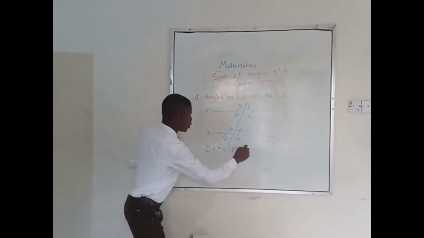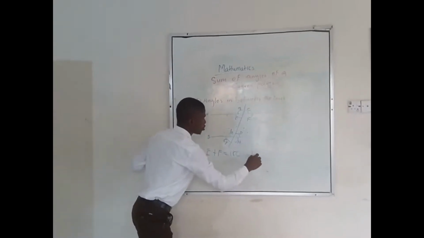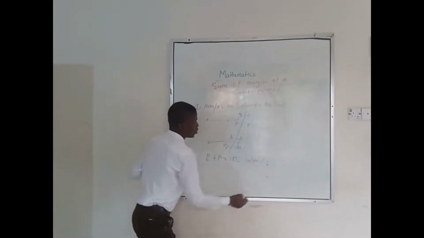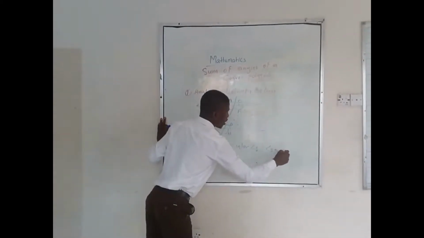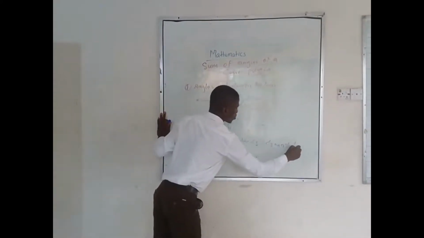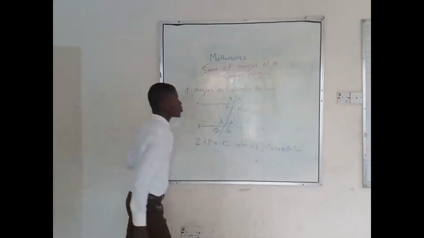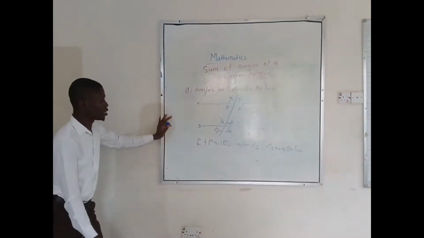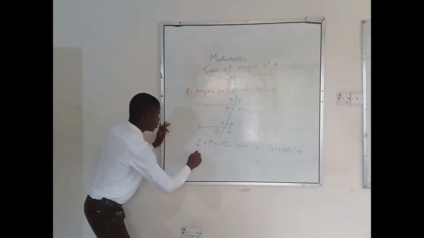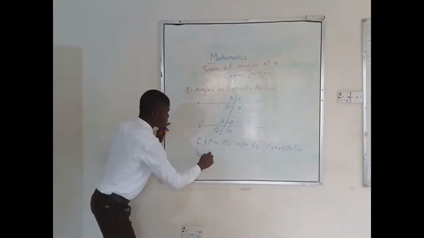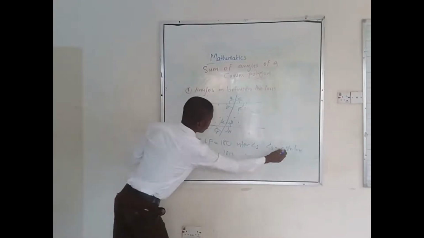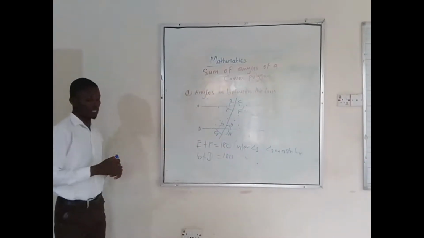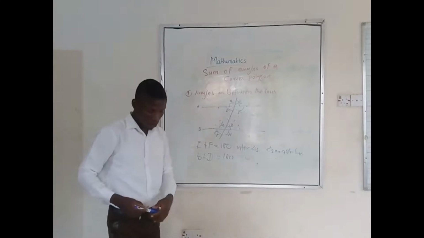We call it interior angles, or angles on a straight line. So that's the first interior angle. Another interior angle is here, B plus D equals 180, which will give us the same thing, any of them. That's the interior angles.